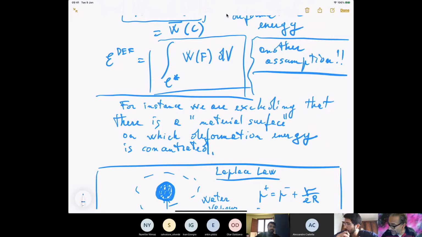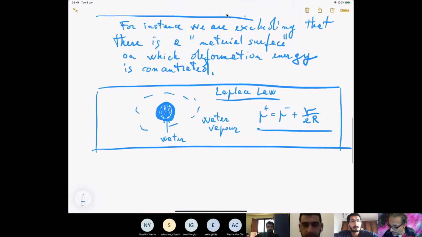So with this assumption, we are excluding the possibility of describing this kind of phenomena.